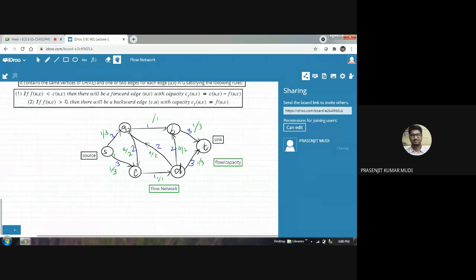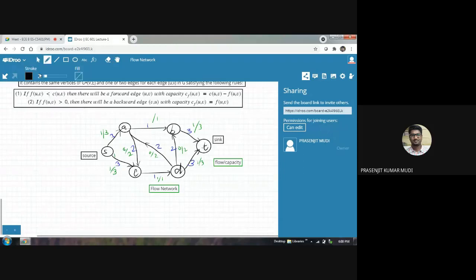If we consider any edge, let's say S comma A, that is the edge S,A, and its flow is 1. The question is, is the flow strictly less than the capacity? That capacity is 3. Is it satisfying rule 1? Yes.